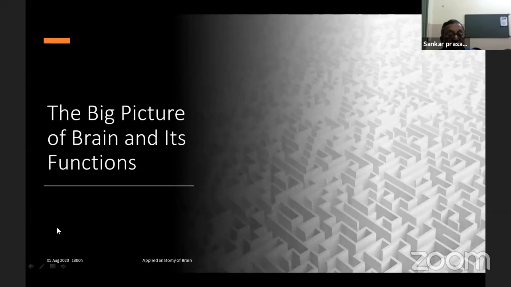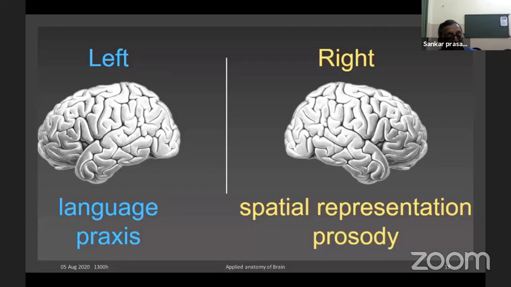The big picture of the brain and its functions can be learned by looking at the big picture. The left side of the brain concentrates on language and praxis. The right side is spatial representation and prosody of what we talk.